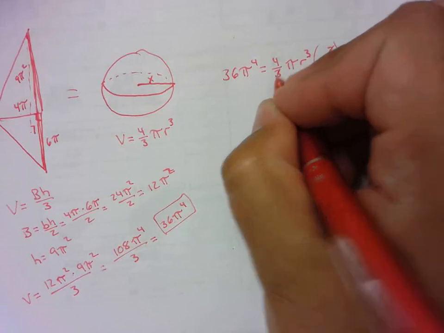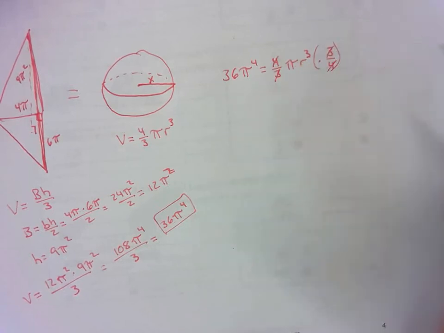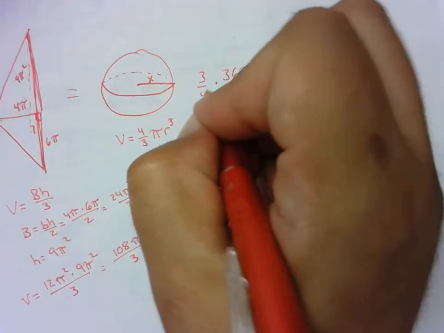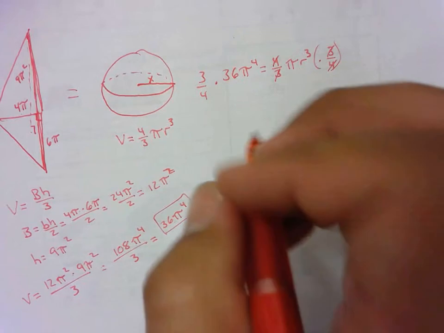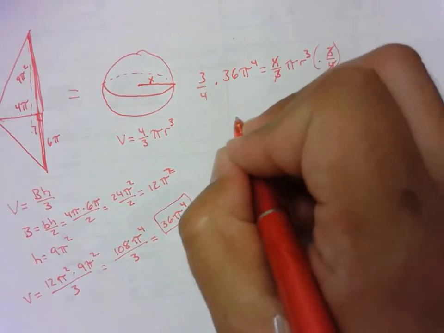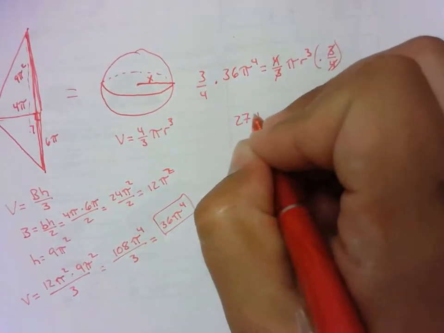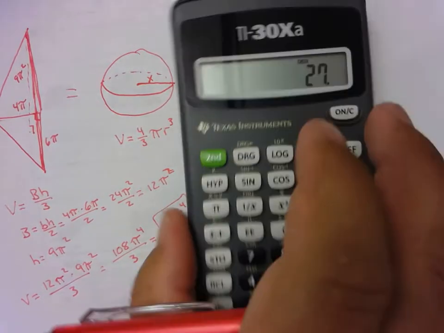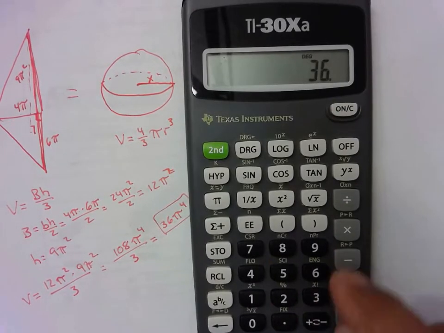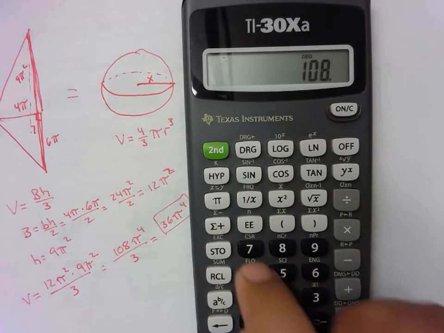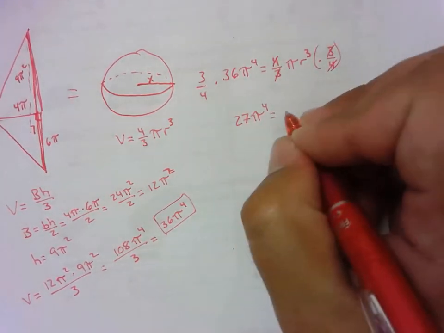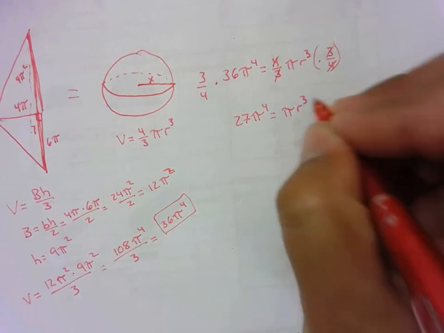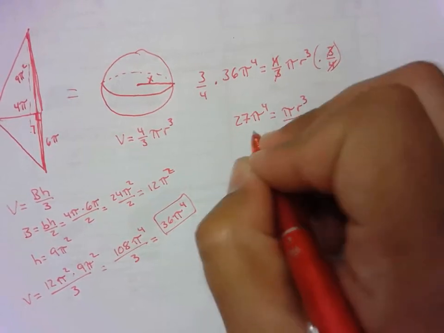This 3 simplifies with that 3, this 4 simplifies with that 4, and you multiply 3 over 4 on this side as well. 36 times 3 is 108, divided by 4 is 27π to the 4th. And if you don't believe me, 36 times 3 divided by 4 is 27π to the 4th equals π r cubed. Divide both sides by π.